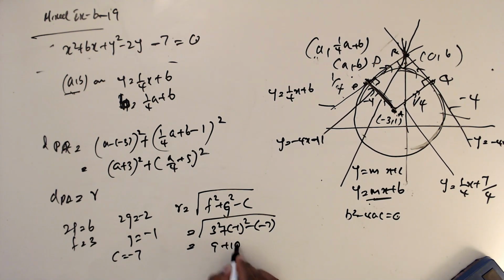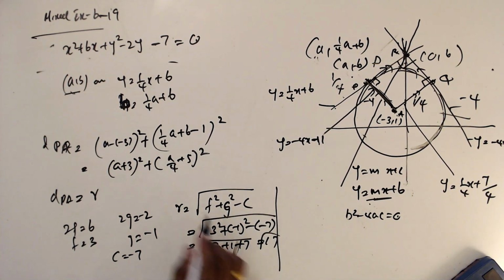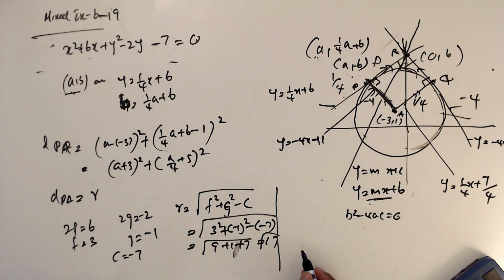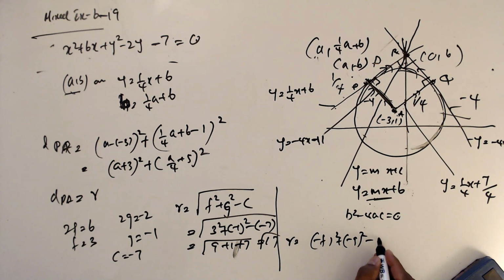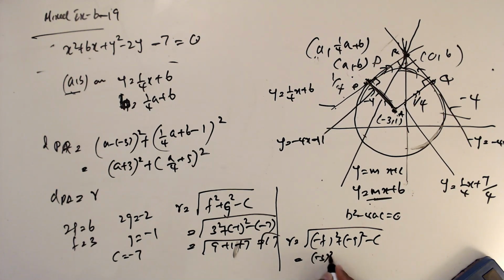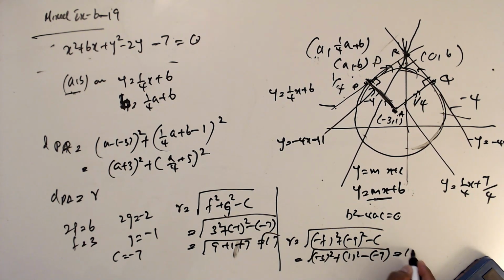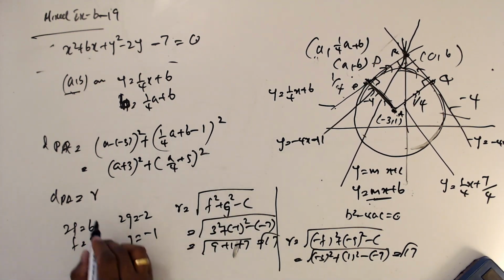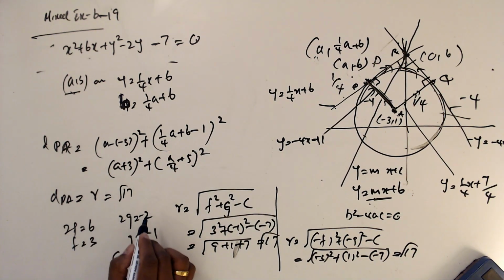So 9 plus 1 plus 7, this is going to be 17. Actually, if you know the center you don't need to find f and g, you will get the same answer. r equals the square root of (minus f) squared plus (minus g) squared minus c, because minus f means 3, minus g means 1, minus minus 7. So you will get the square root of 17. So r is now the square root of 17.